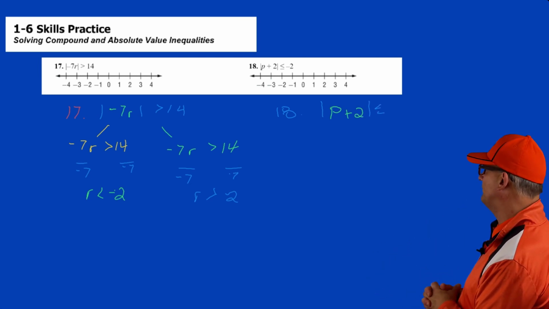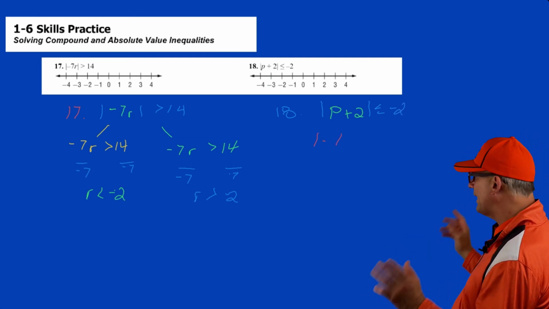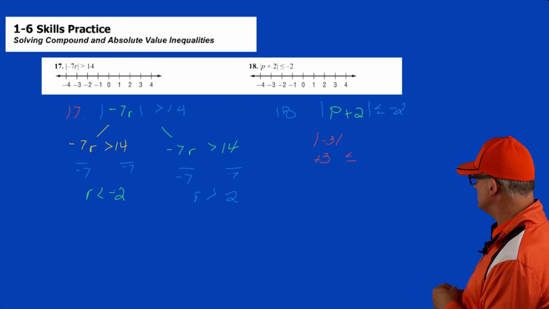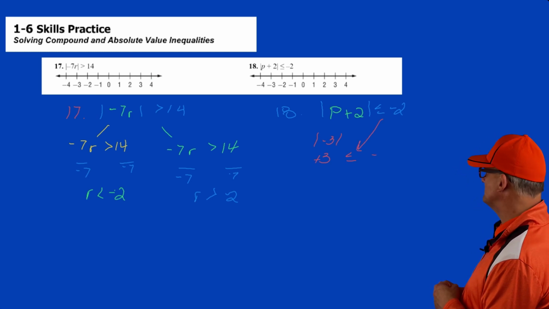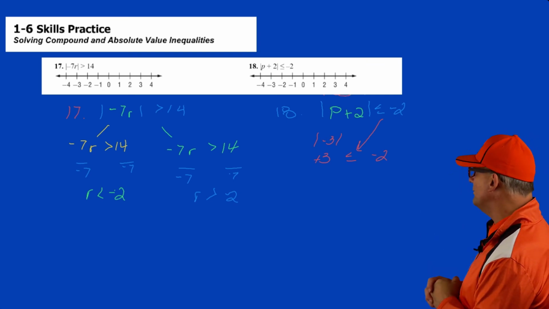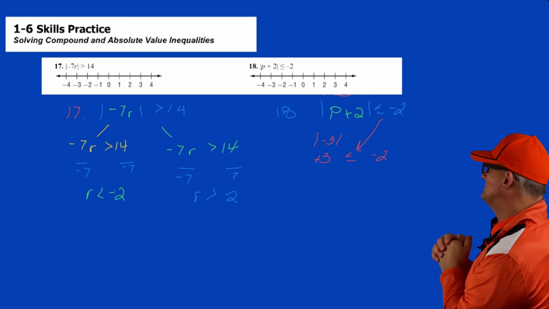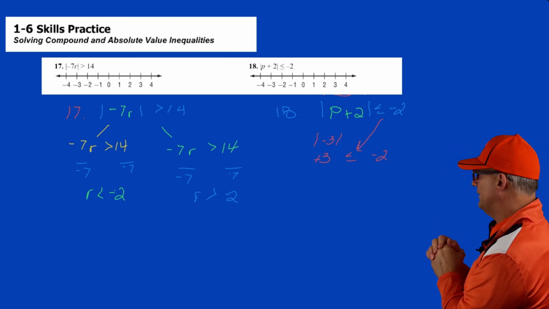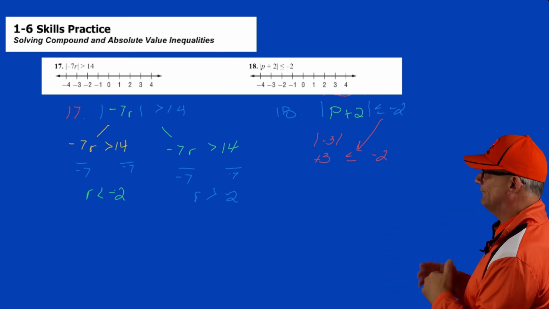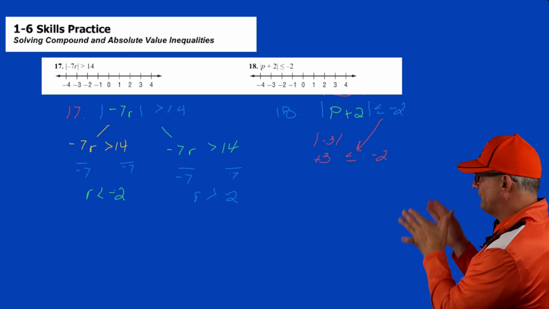All right, absolute value of p plus 2 less than or equal to -2. What do? We rewrite it without the brackets, p plus 2, right? Less than or equal to -2. Correct? Then what do? Well, if you did not recognize that there's no way that an absolute value inequality, because the absolute value brackets make everything positive, there's no way that it can be less than or equal to -2, then think about that, because that's when this is no solution.